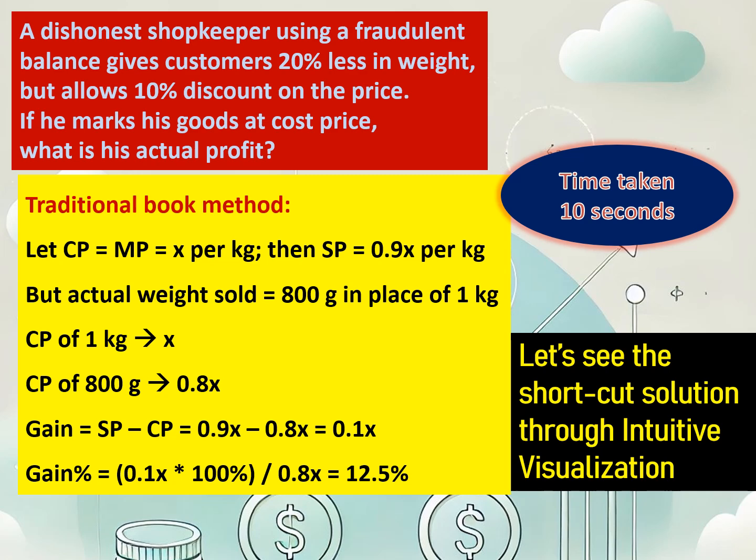But if it is a multiple choice question, then by using our new shortcut method, you can do it in just 2 seconds, not more than 2 seconds. So let us see how we can get the same answer, 12.5%, in just 2 seconds by using what we call intuitive visualization.